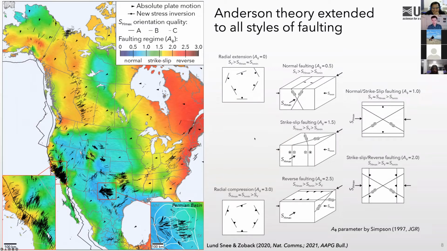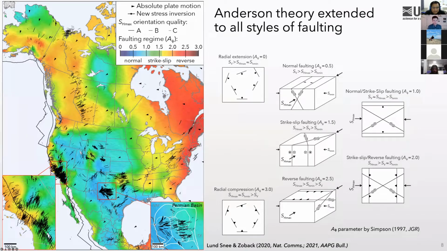So for example, in an area, if you're seeing both normal and strike slip faulting focal mechanisms, let's say there's a handful of them, you know that you're somewhere between normal and strike slip faulting. And then with more and more information, you can narrow that range. But the bottom line is that there's an uncertainty associated with all of these, and we've mapped that as well.